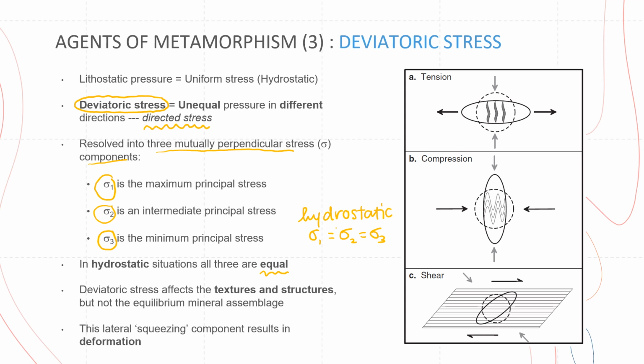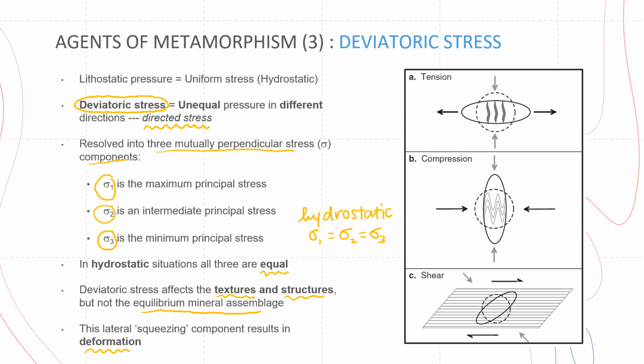We'll have a look at that in the next slide. Deviatoric stress affects the textures and structures of the rock, but not the equilibrium mineral assemblage. So it's purely on structure and texture, and this lateral squeezing component results in deformation. So this is what creates deformation in rocks.